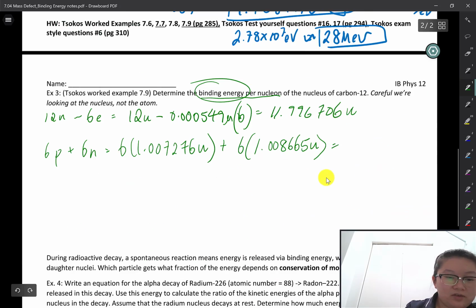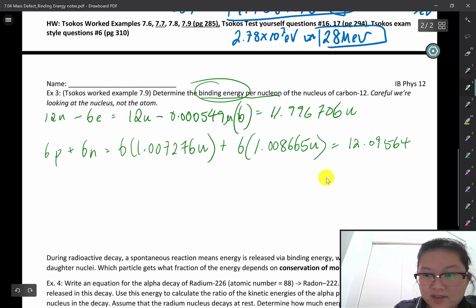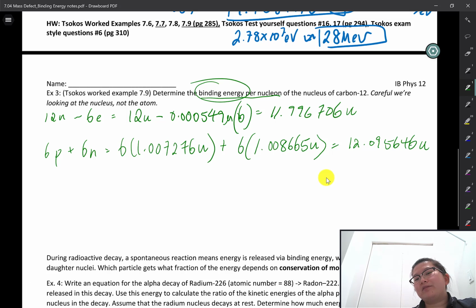After we add all those atomic mass units, we get 12.095646 atomic mass units. I could have just worked with kilograms, but I'm going to multiply by the atomic mass unit kilogram value later in the end.